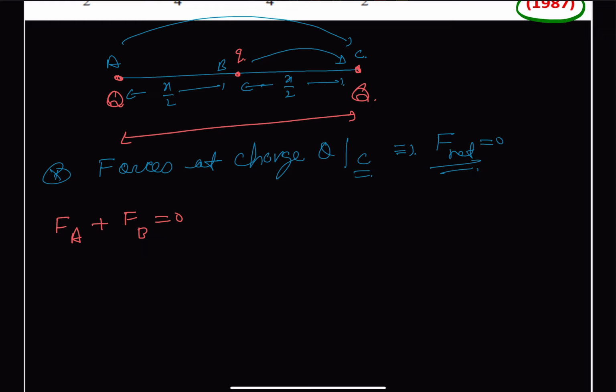And we just substitute the values now. We get 1 upon 4 pi epsilon naught. We can take that as common, and our FA will be equal to Q times small q divided by x square, plus Q times small q divided by x square by 4, should be equal to 0.